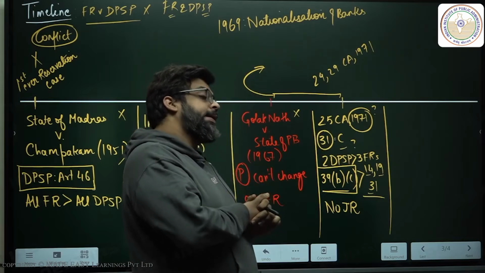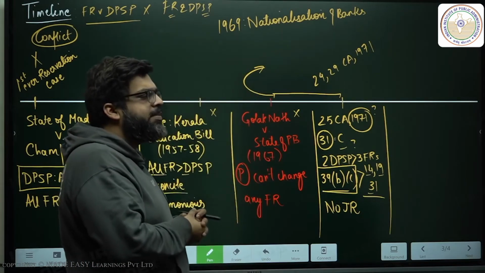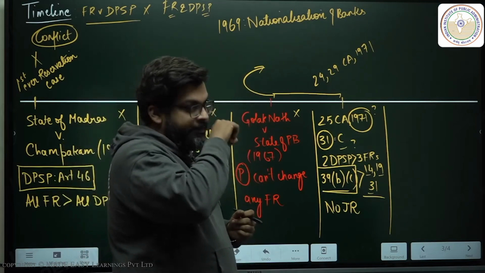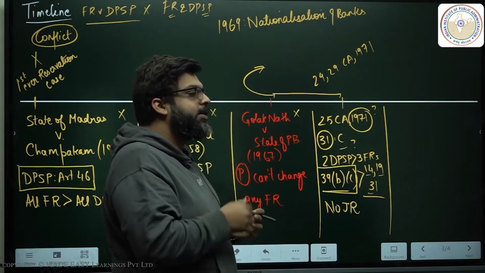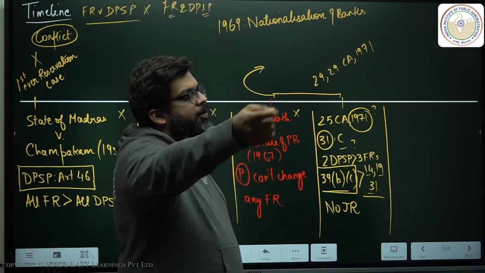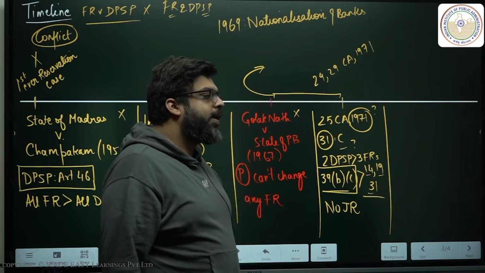ठीक है, 1969. This is a direct violation of the fundamental right to profession. Article 19(1)(g). अरे मेरे को प्राइवेट बैंक चलाने का हक है, अब आप कह रहे हो आप चला ही नहीं सकते. क्यों? क्योंकि आपको देश भर में सबको बैंक में अकाउंट खुलवाना है.